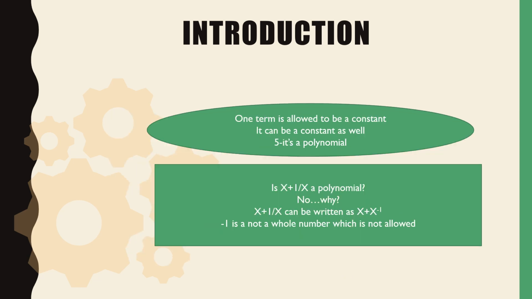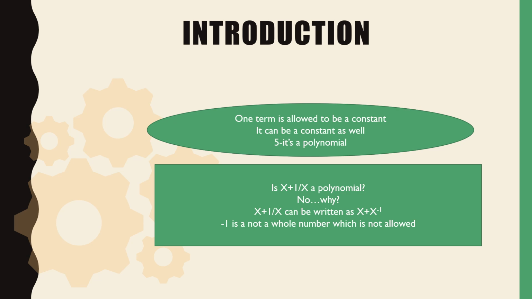Even a single term which is constant can be considered as a polynomial. For example, if you take the number 5, it is a polynomial. Now, suppose you take x plus 1 by x. Is this a polynomial? It's not a polynomial. Why?